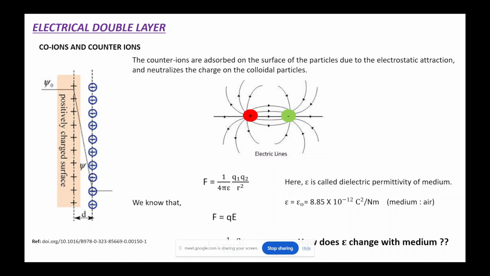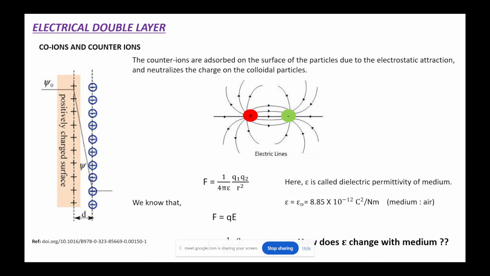So that is what is exploited here also. That attraction is because of an electrostatic charge, which is responsible for the counter ions present in the solution going to the particle, getting adsorbed onto it, and neutralizing the charges on that colloidal particle.